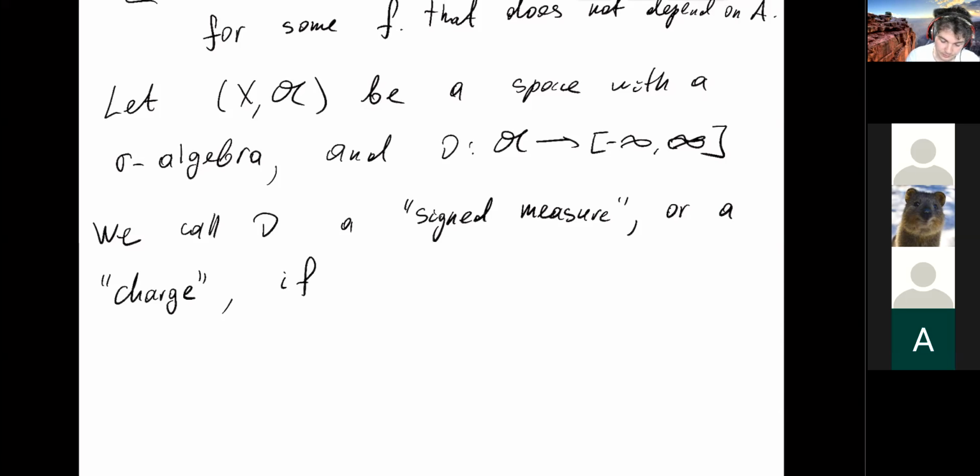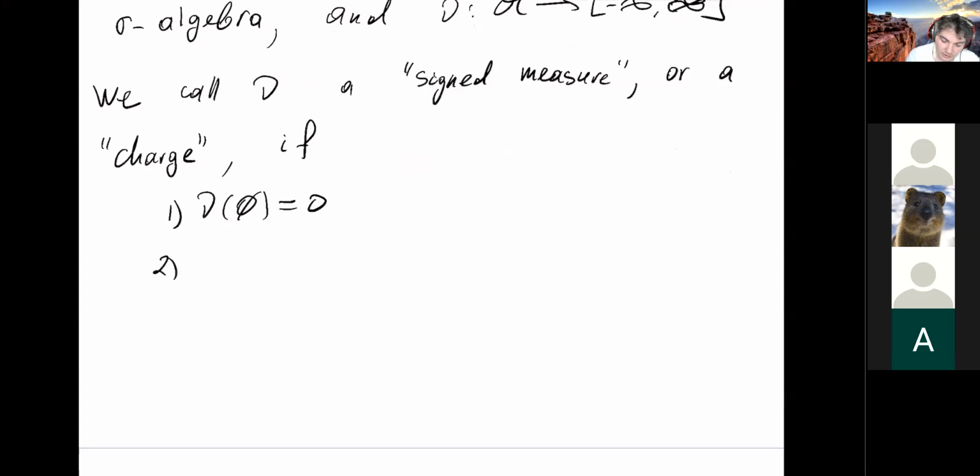If three things. So first of all, nu of an empty set is 0. Second, nu can't be both plus and minus infinity.